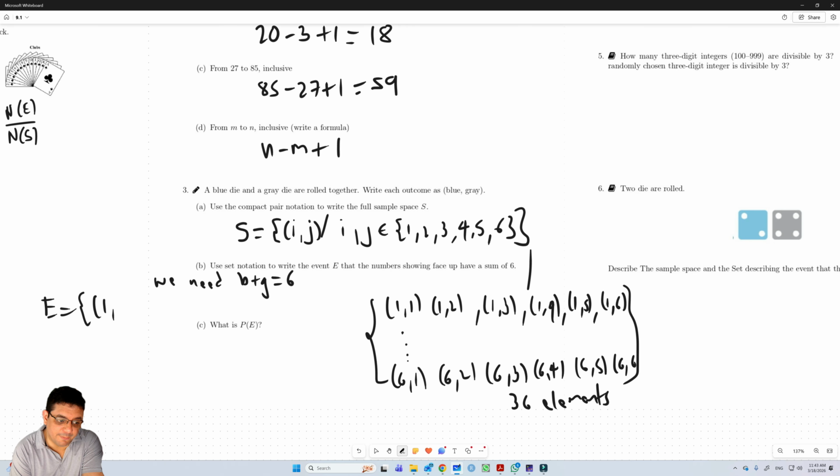With 1, I need 5. With 2, I need 4. With 3, I need 3. Now with 4, I need 2. And with 5, I need 1. And of course, 6 cannot be involved because then I don't have a 0, so there won't be an opportunity for making a 6.